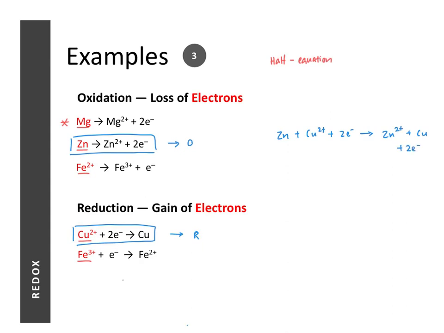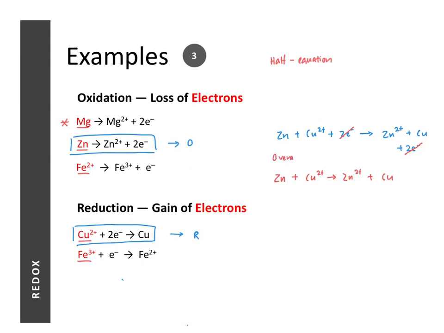Okay, when writing a chemical equation, if a substance appears on the left and on the right of the equation, we can actually cancel them off, and the remaining equation is this. So when we combine the oxidation half equation with the reduction half equation, we get the overall equation.